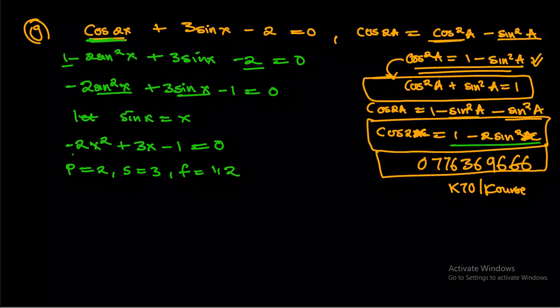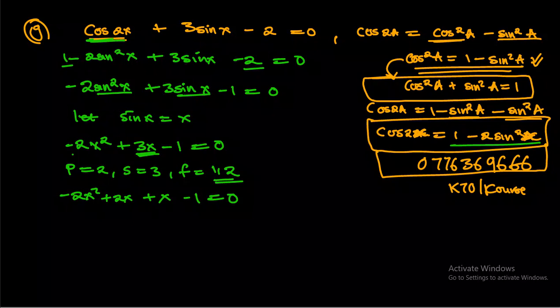Quadratic equations are not a concept I can take time to explain here. So we're going to have negative 2x squared plus 2x plus x, which is the same 3x we've written here, and minus 1 is equal to 0.